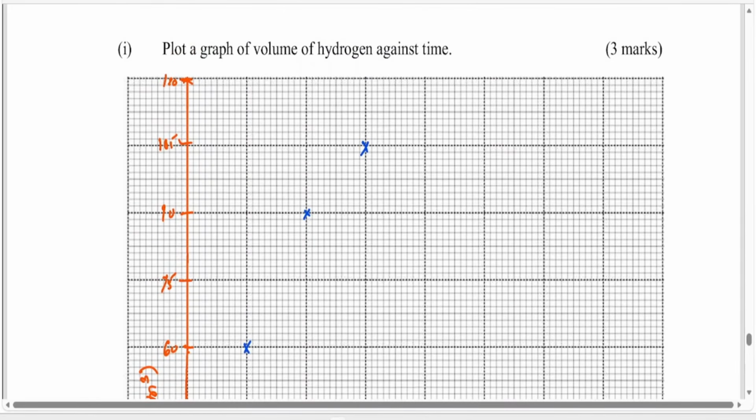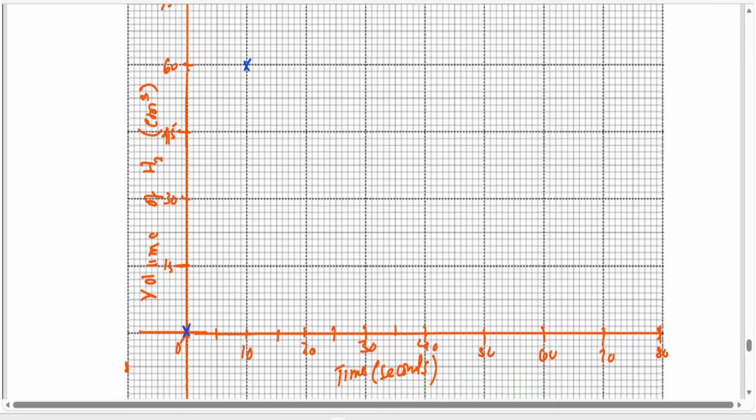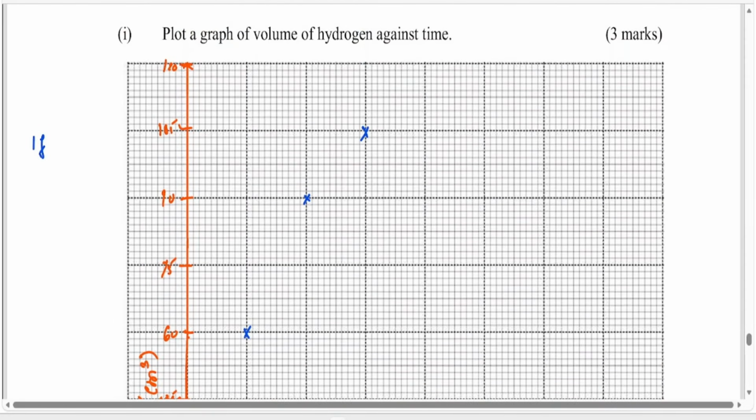We should know that if 10 small squares are equal to 15 cubic centimeters, then 1 will be 1 times 15 divided by 10, and it will be 1.5 cubic centimeters.